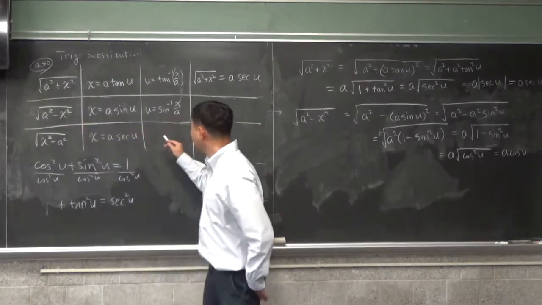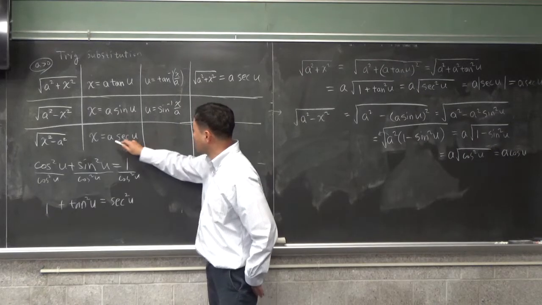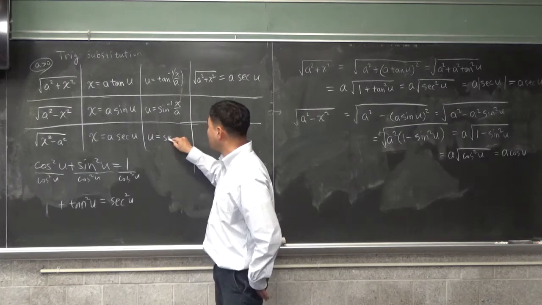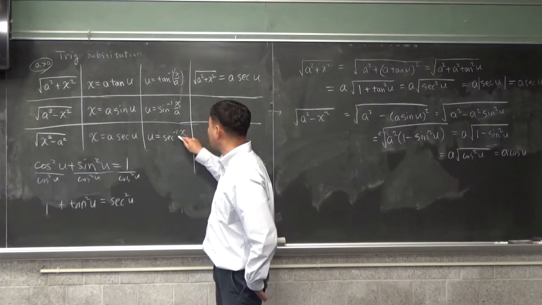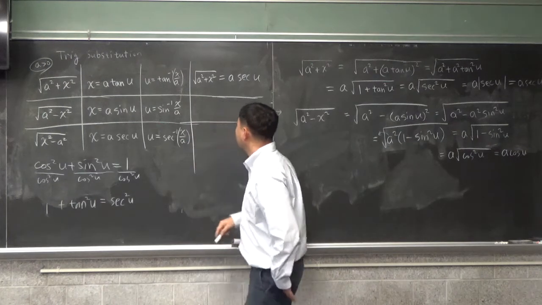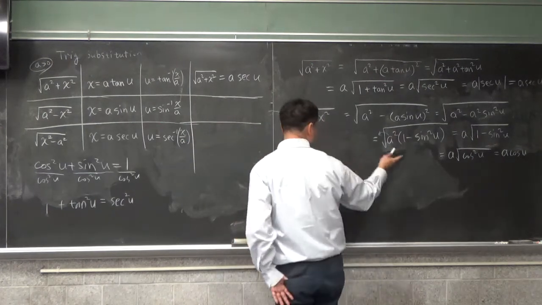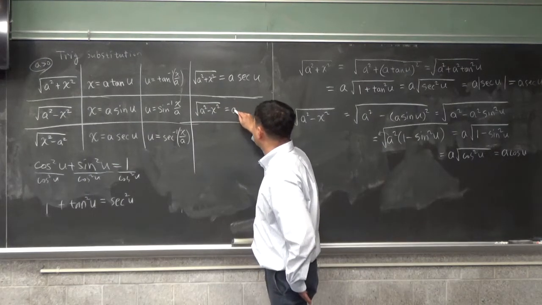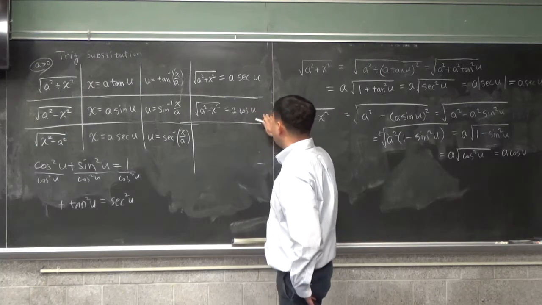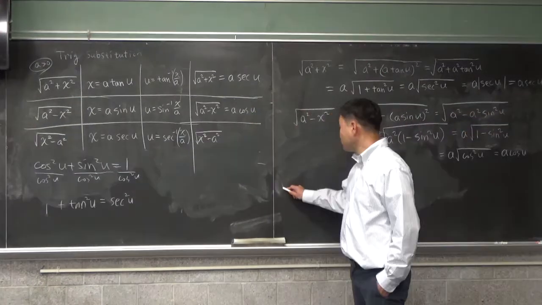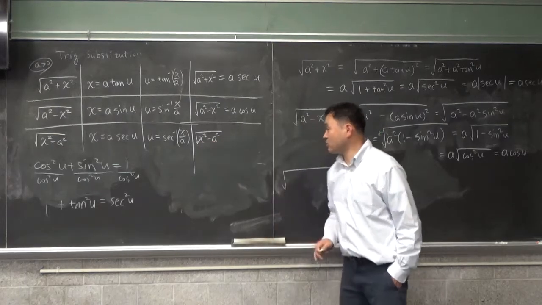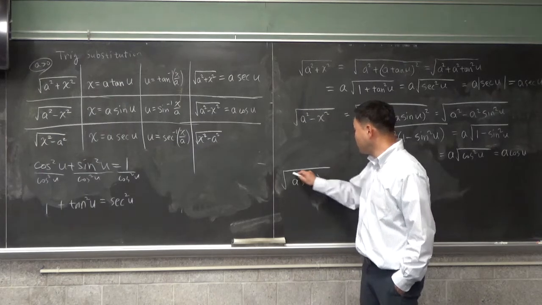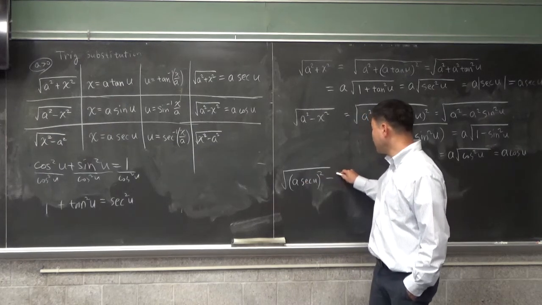Try. Oh, first, you solve for u by dividing by a and then applying secant inverse. So u is equal to secant inverse of x over a. Oh, and we just got that this is a cosine of u. All right, so please try this one. Square root of x squared minus a squared, with x being a secant of u.